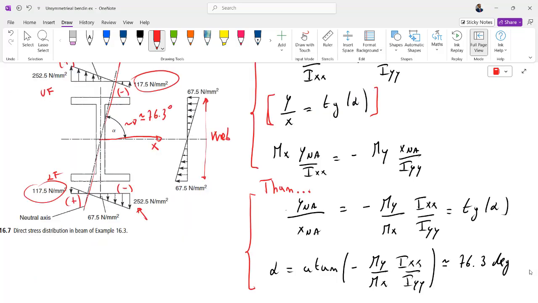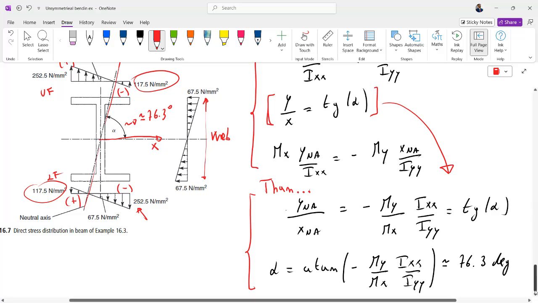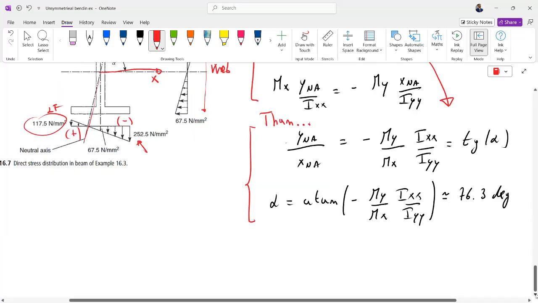So now we can make the same calculus, and then we have yA divided by xA is equal to minus My divided by Mx times the ratio of the moment of inertia with respect to xx and yy. This is equal to tangent alpha, by analogy. So this is clearly the same thing. So now we want to know the alpha.